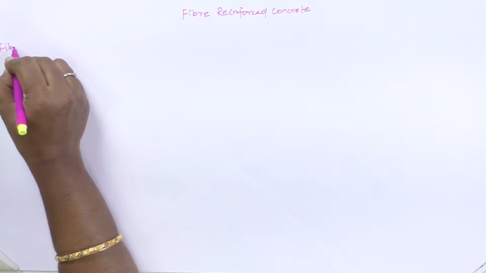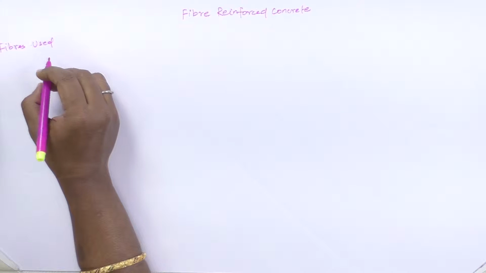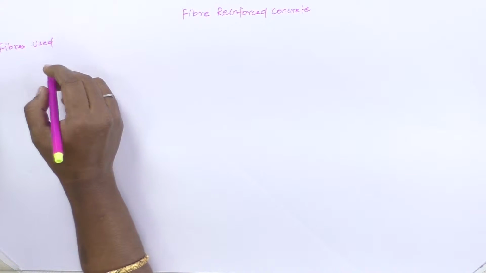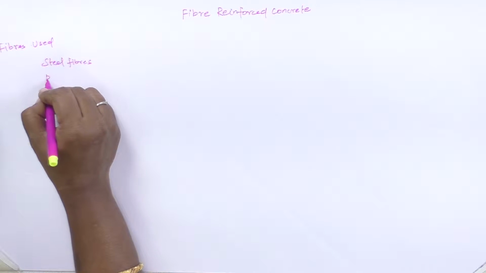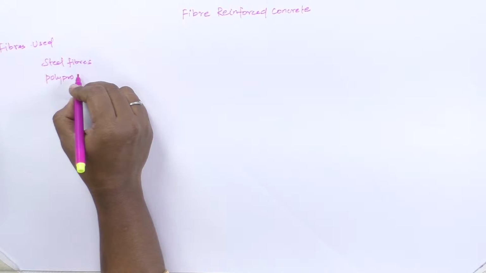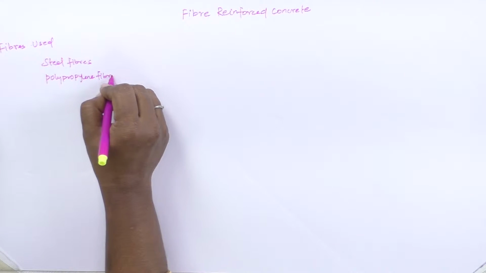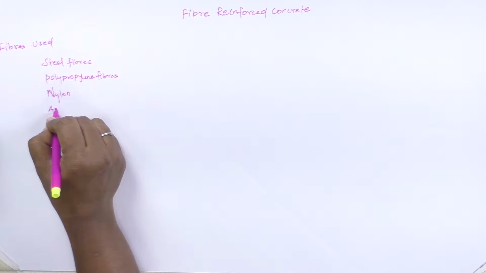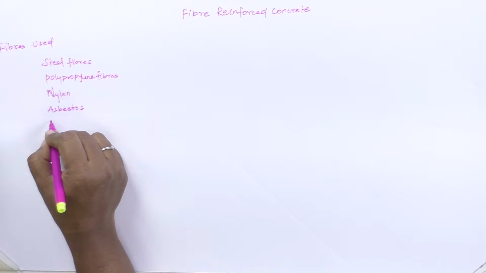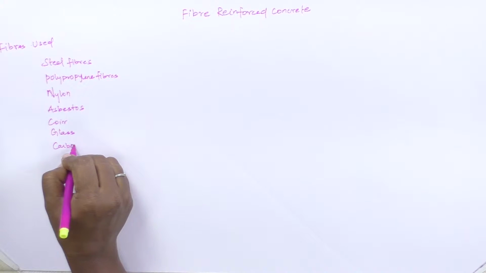Next we will see the fibers used to make fiber reinforced concrete. The commonly used fibers are steel fibers, polypropylene fibers, nylon, asbestos, coir, glass and carbon.